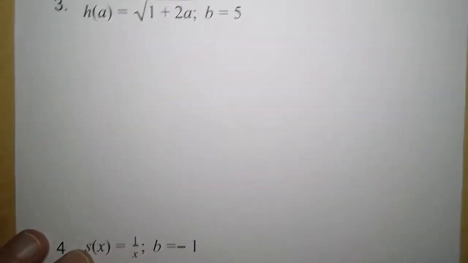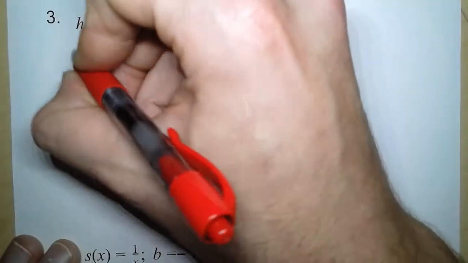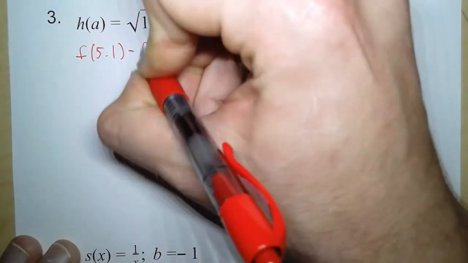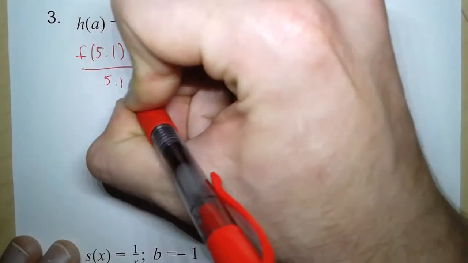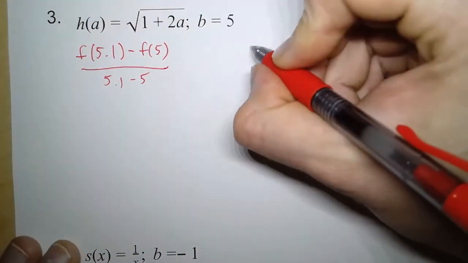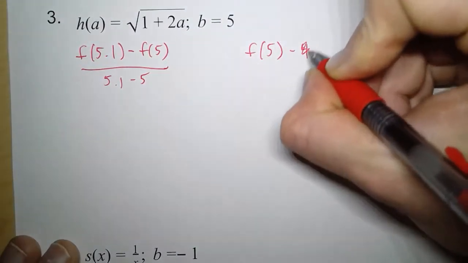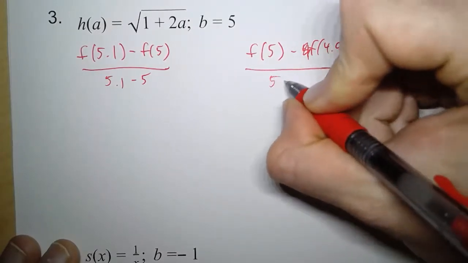All right. So on to the next one. Here we have b of 5. So we're going to pick 5.1. That's our point to the right. And we'll pick 4.9, f of 4.9 all over 5 minus 4.9.